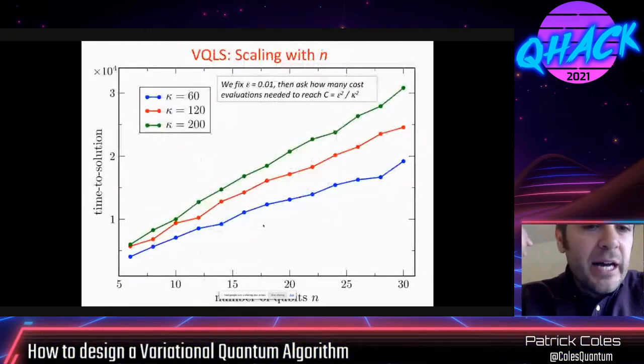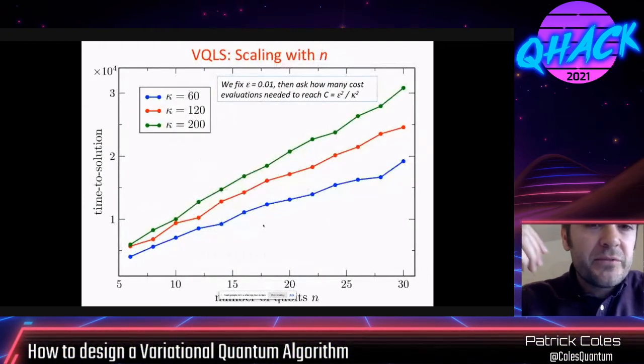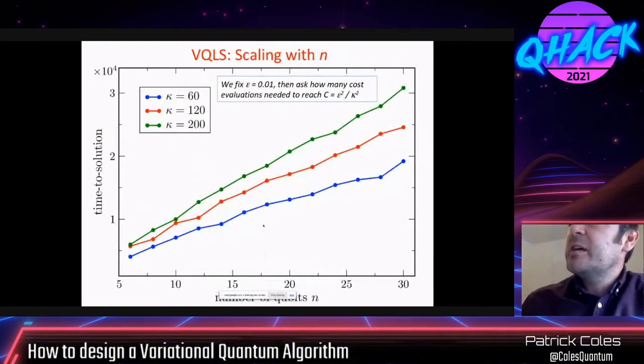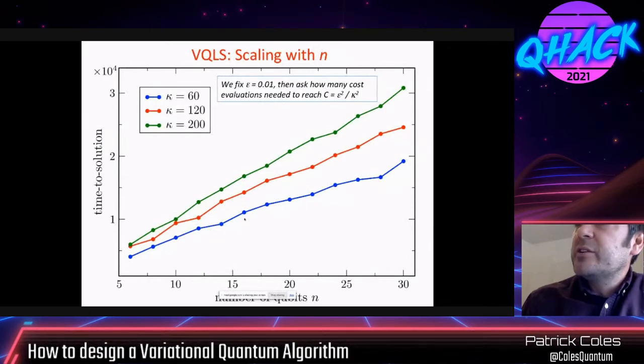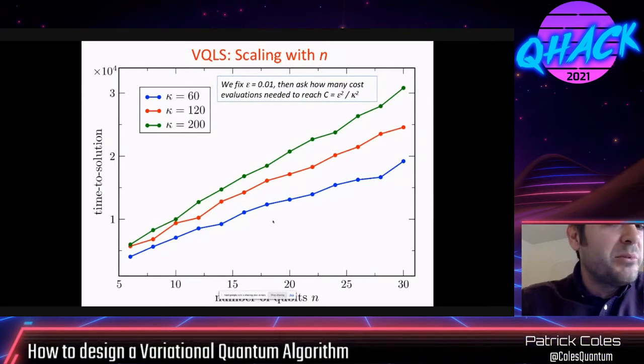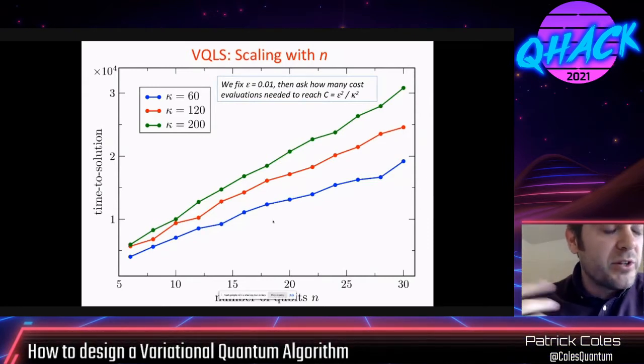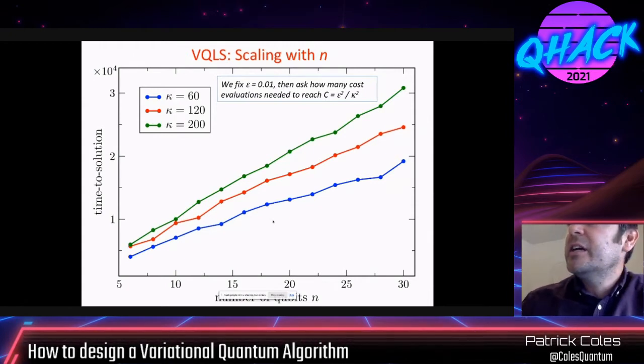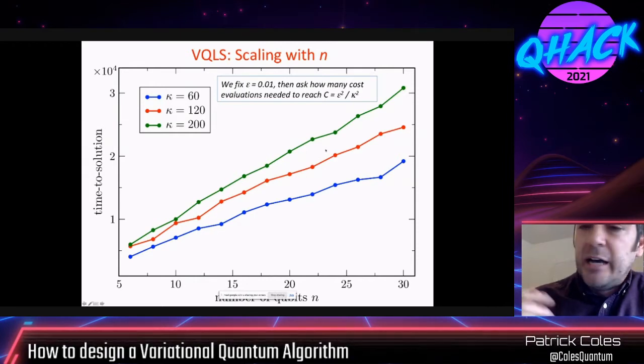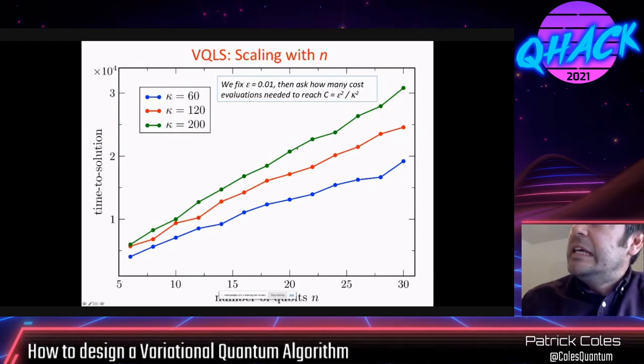When we plot the time to solution versus the number of qubits for this Ising model example, we get linear dependence of the time to solution on the number of qubits. The way that we compute the time to solution is based on the value of the cost function and our certification procedure. So we're not cheating here. We actually use the cost function itself, just like you would if you were doing it on a quantum computer, in order to verify the solution quality.